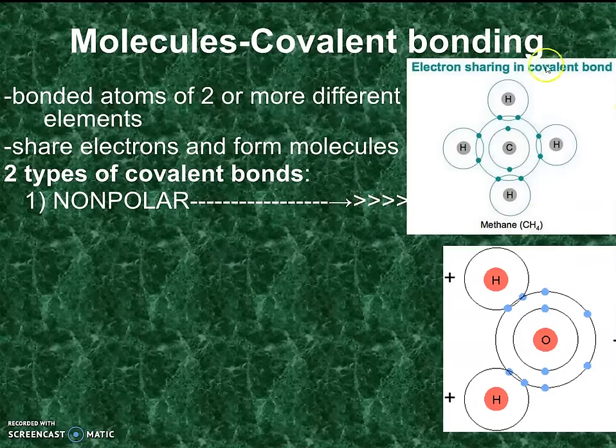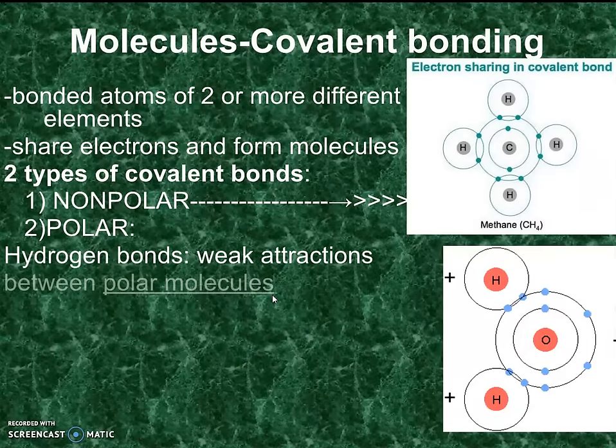Nonpolar just means there are no charges outside of the actual molecule. Methane is a great example of a nonpolar covalent bond. So it's two names, nonpolar covalent. So to compare it, we need to talk about polar covalent bonds.